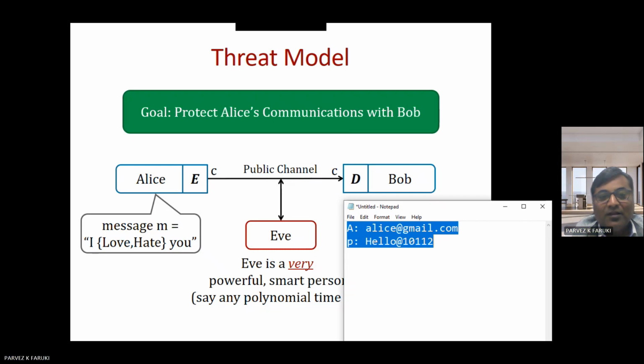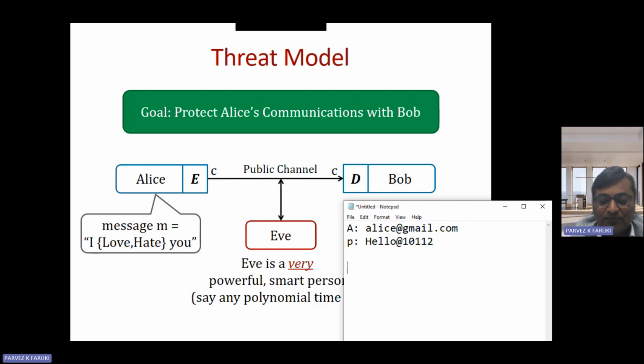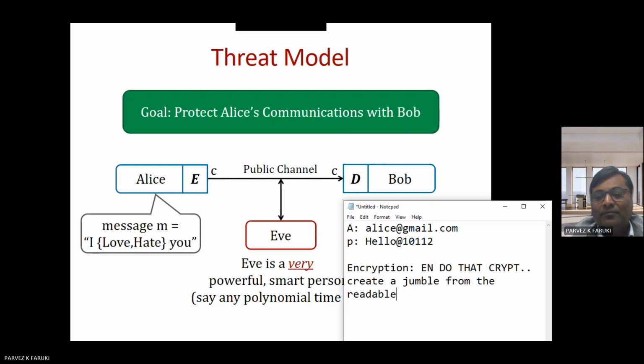Remember this. You have to do something which is usually known as encryption. There is a word called "en", so you do that, and you crypt it. You crypt it means you create a jumble from the readable plain text.